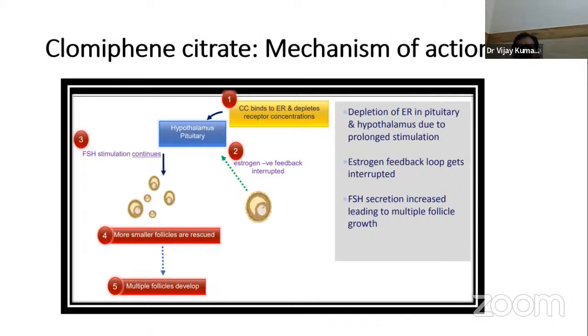Generally clomiphene citrate is considered a centrally acting ovulation induction agent because it blocks the ER receptors in the pituitary and hypothalamus. Once it blocks them, the negative feedback effect seen with estrogen is blocked.